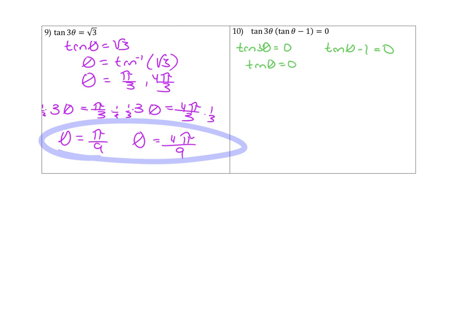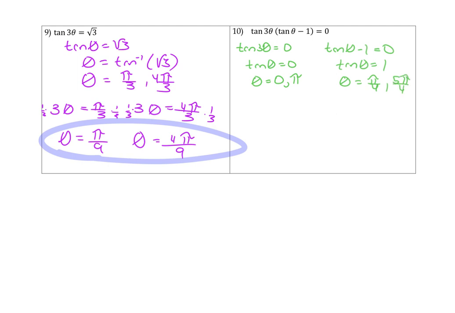When is tan 0? Tan is 0 at 0 and at pi. And then here I do tan theta equals 1. And when is tan 1? That's at pi over 4 and 5 pi over 4.